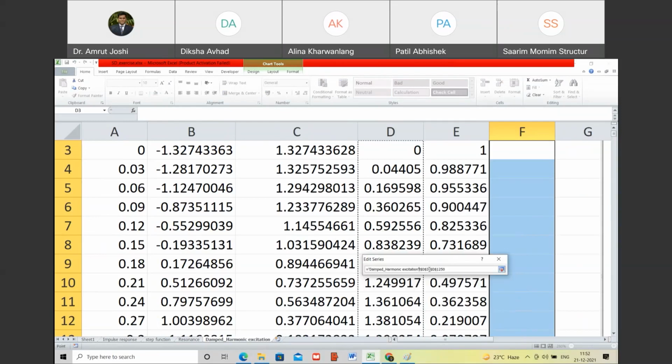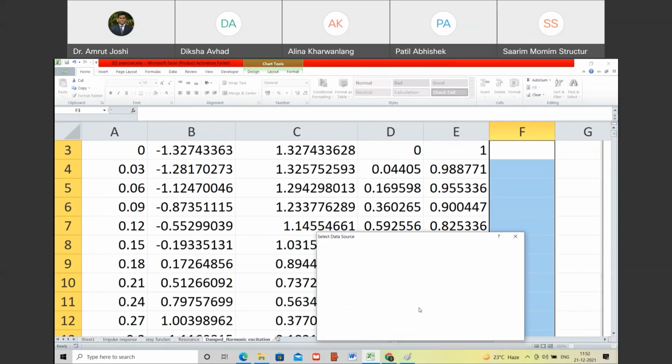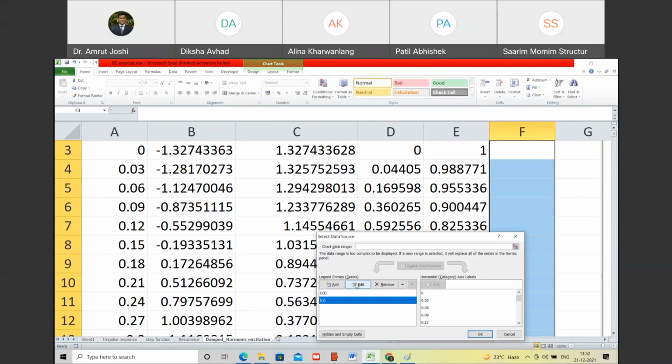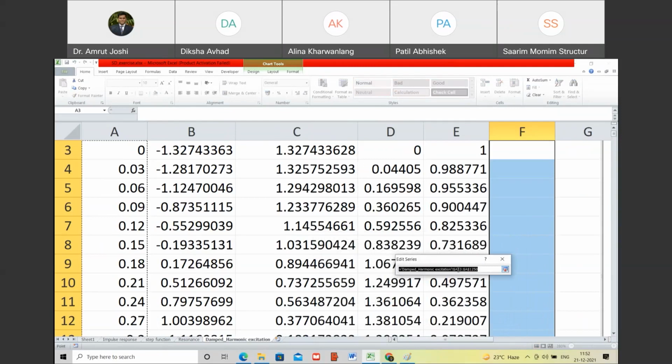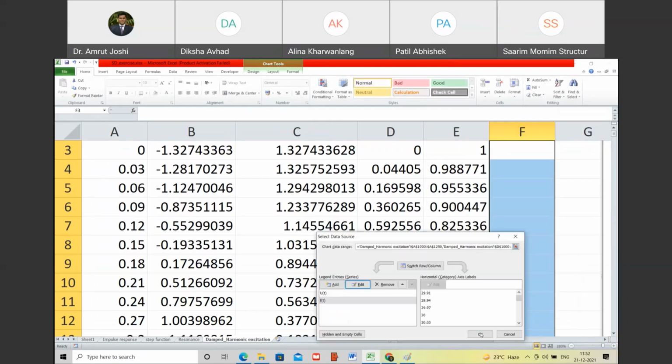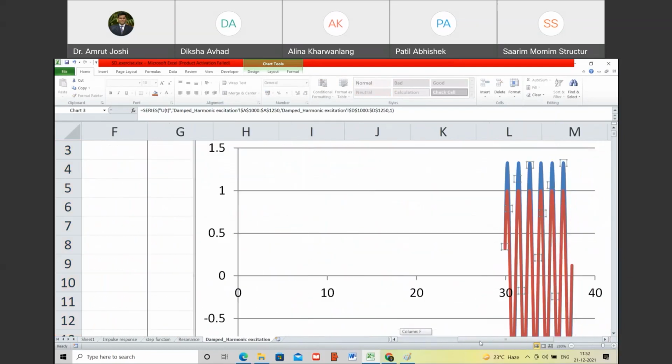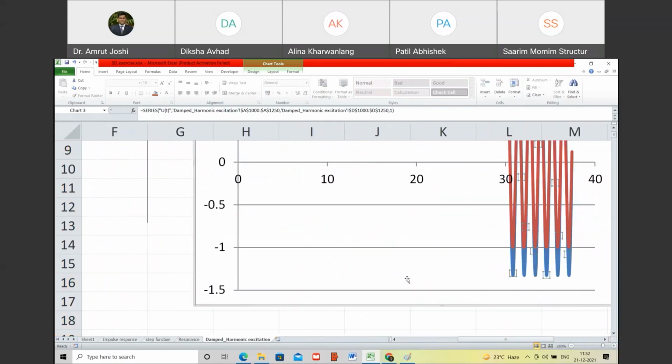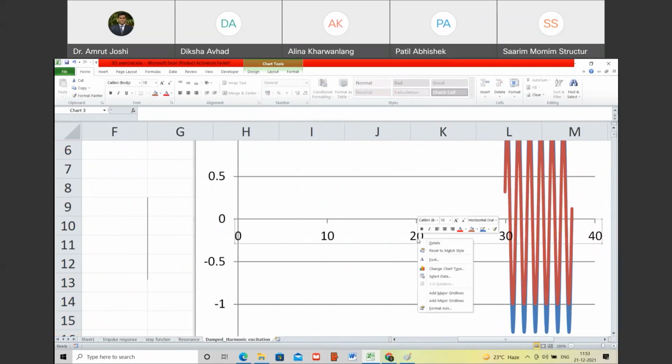Here also let me plot it from 1000. Okay, f of t, 1000. Format axis.